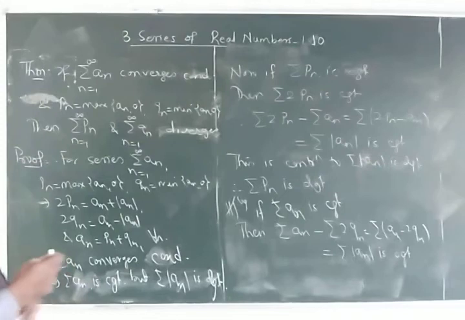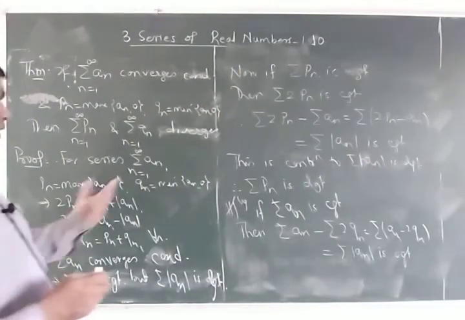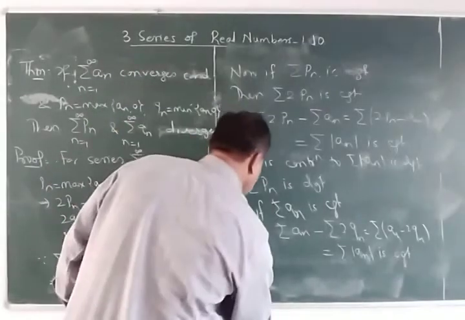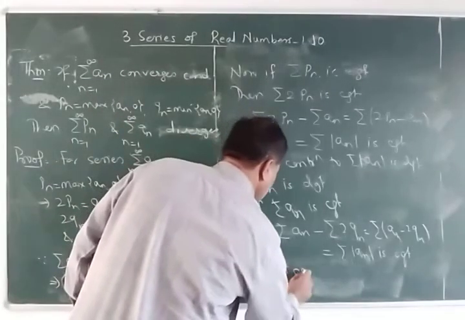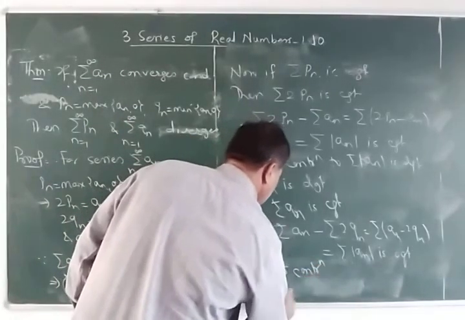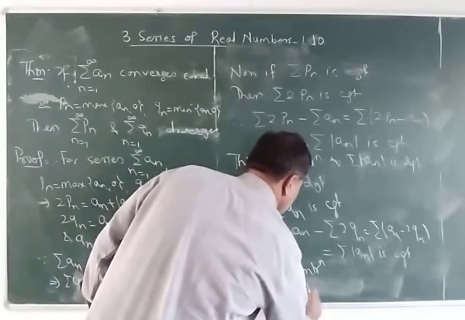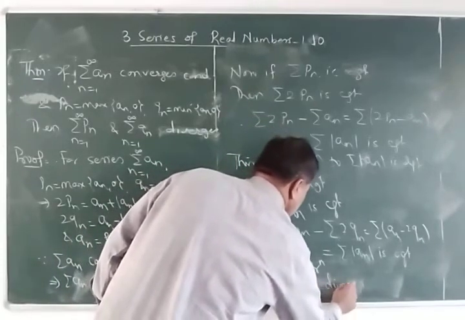Is it right? This is a contradiction. Therefore, summation of Qn diverges.